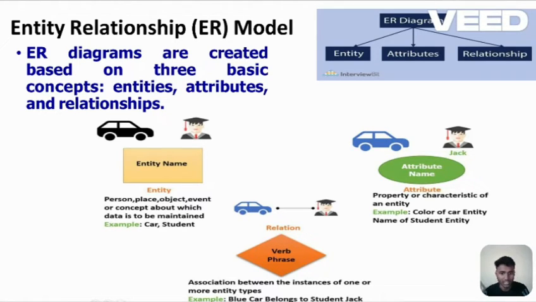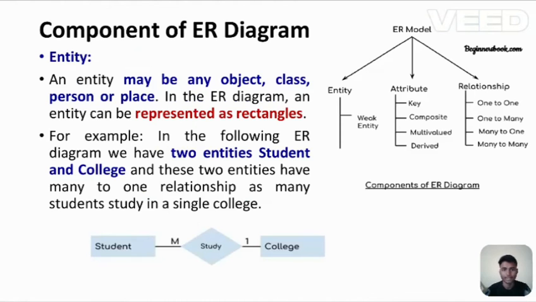And we have a relationship, that the student has a car. This is the relationship between a car and a student. For example, a blue car belongs to a student. So this is the relationship between them.